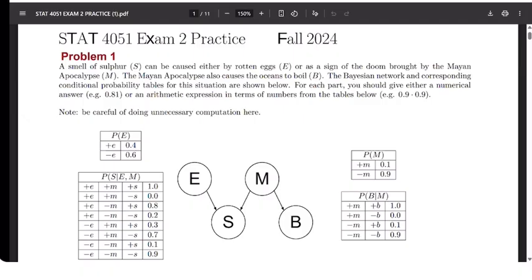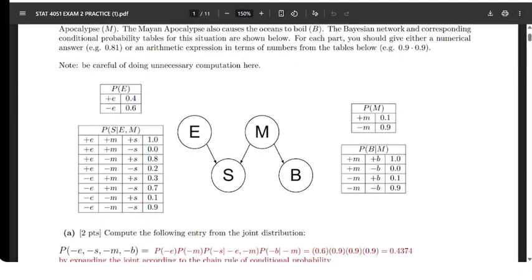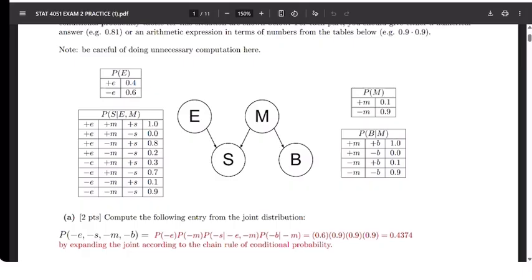I'm seeing four variables, or nodes, that are connected: E, M, S, and B. For E, they give you the conditional probability table. The first one, 0.4, is the probability of E, and 0.6 is the probability of E complement.